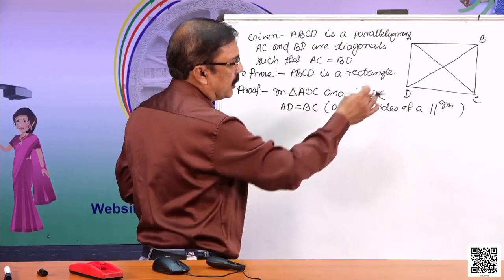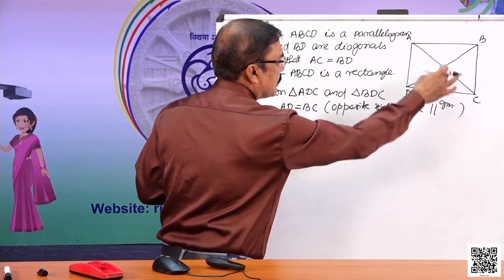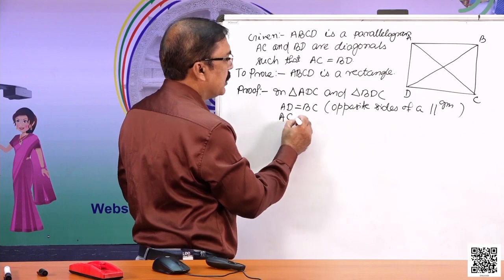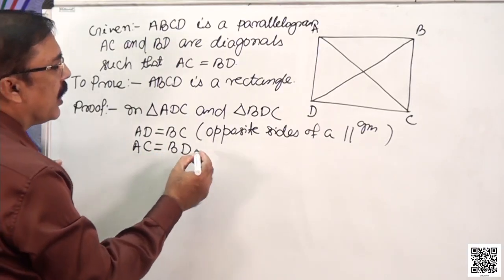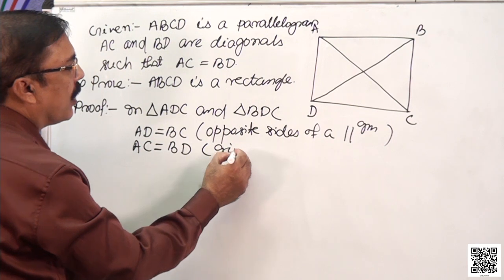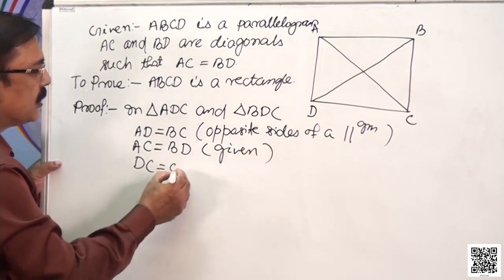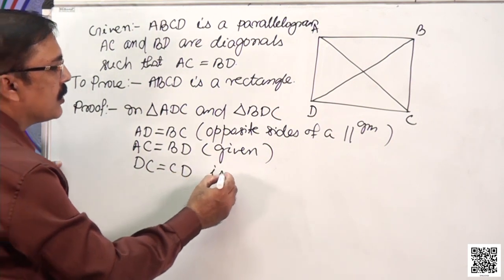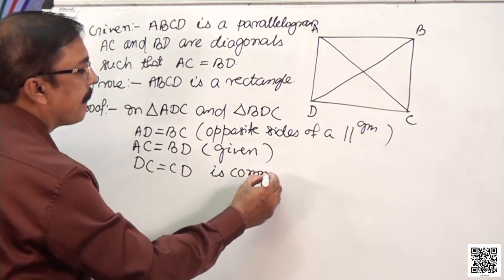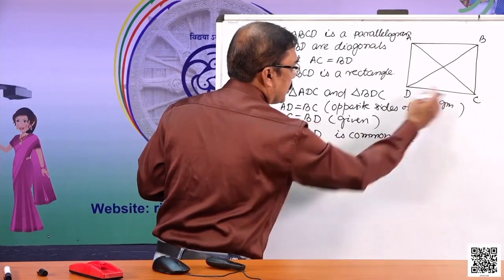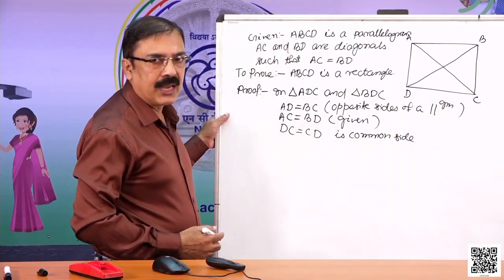Now, it is given AC and BD are equal. And DC is equal to CD, it is a common side.